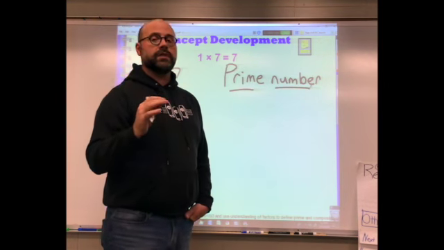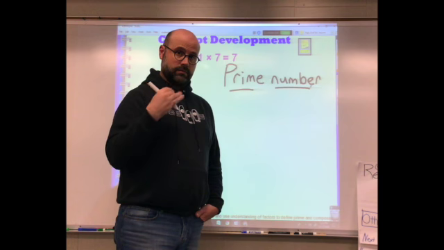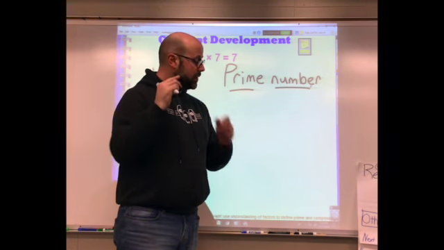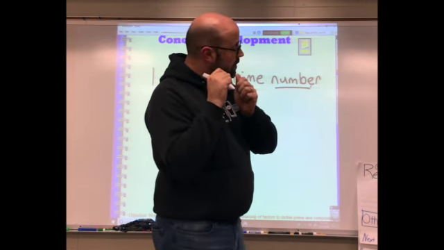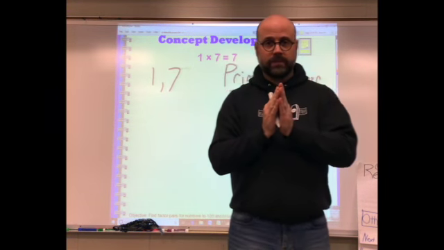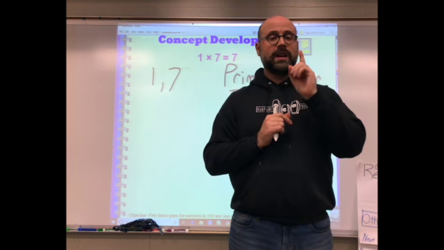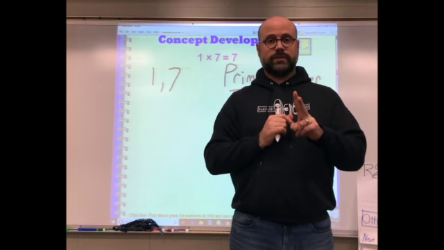A prime number. Listen to me. Coming close. Put the microphone up to your ear so that you can hear my words. Okay? A prime number has only 1 and itself as factors.